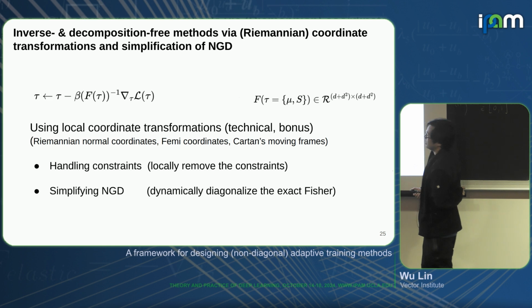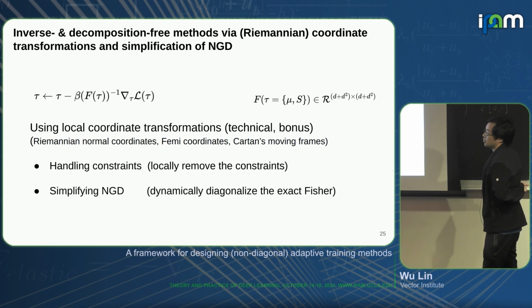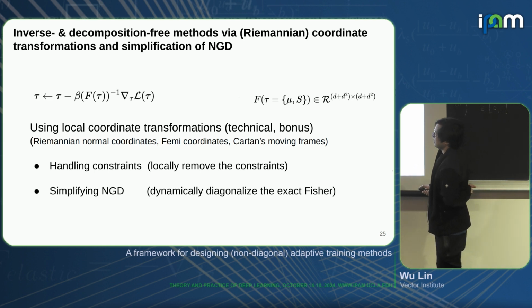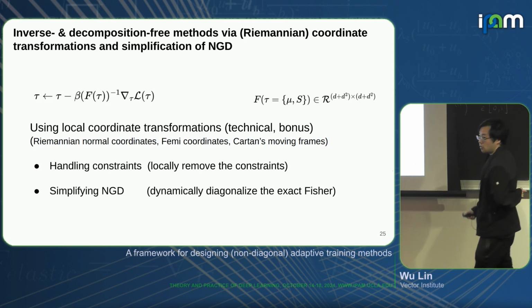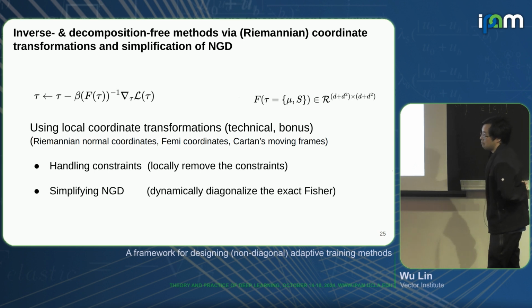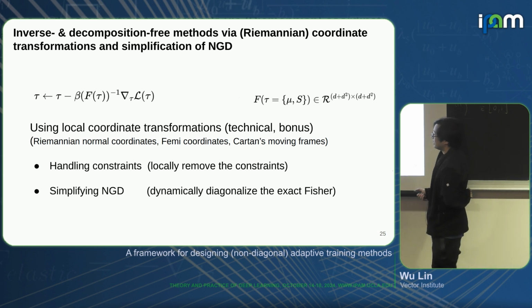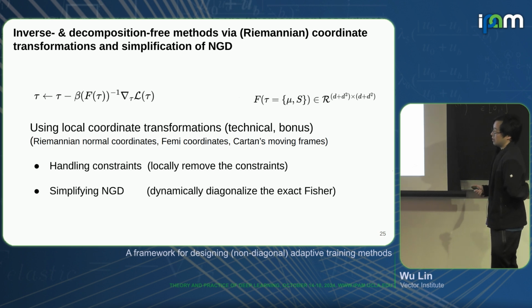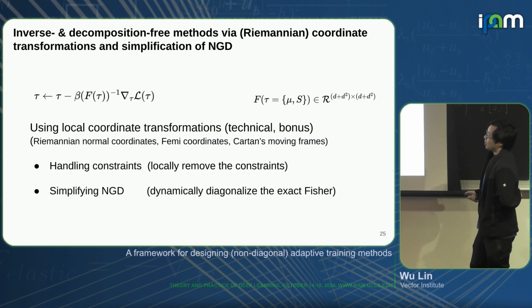The key idea is what we call local coordinate transformations, which is inspired by Riemannian normal coordinates and shares the same spirit as Cartan's method of moving frames. Basically, we locally remove the constraints, and then dynamically diagonalize the Fisher at evaluation points.